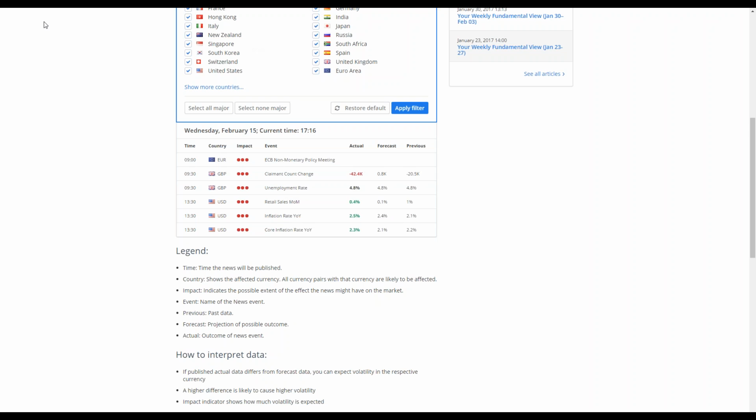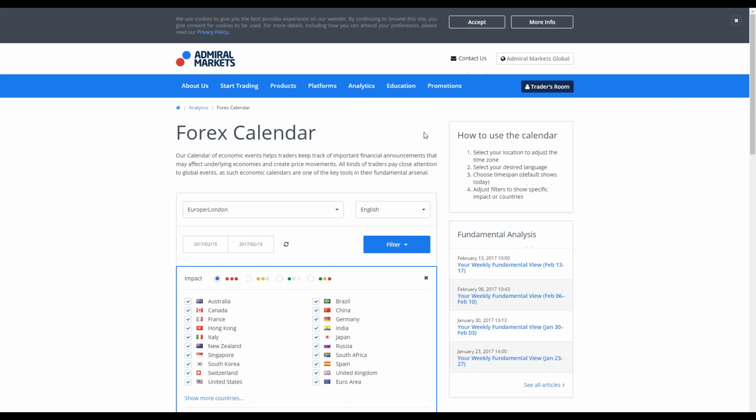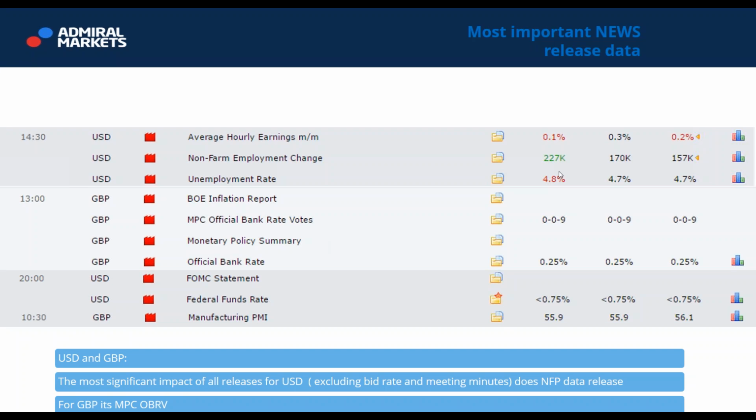But guys, as I said, these are very strong releases. It's very similar to Forex Factory. What I like to see is I use logic. So if this number came worse than expected, like if it's a 4.7 prediction and it came in at 4.8, it's still a good number, because as I say, whatever is lower than or equal to 5% unemployment, I personally think, and economics says, is full employment.